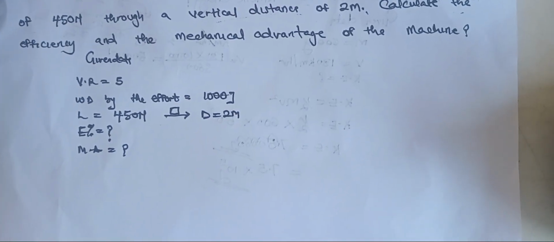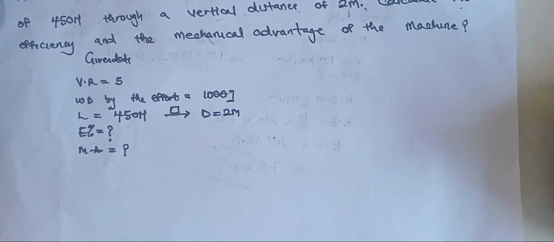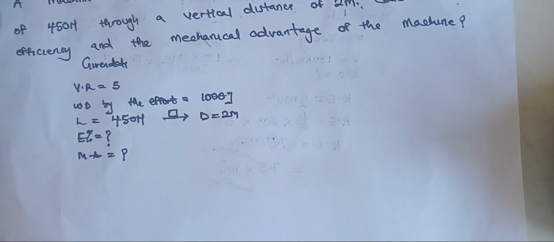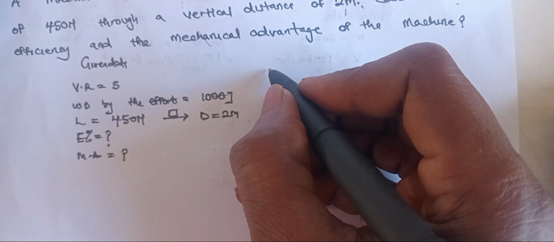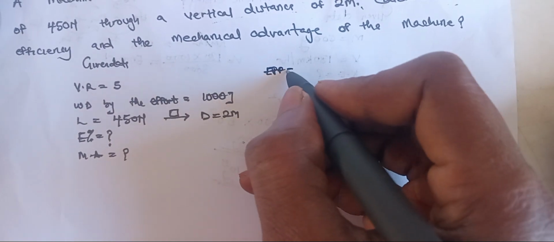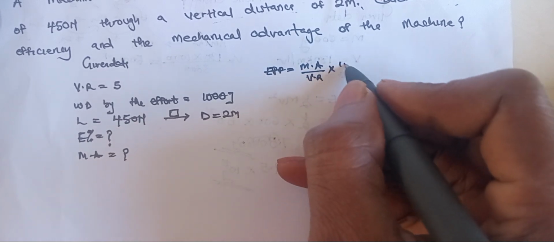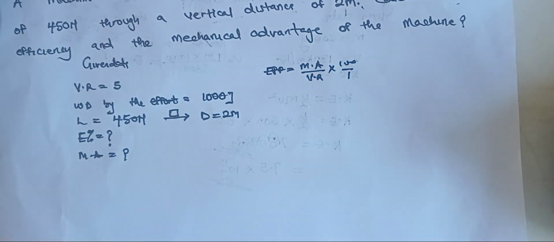For the first question, we are asked to calculate the efficiency, and we only have two formulas that we can use. We have efficiency equals mechanical advantage upon velocity ratio, multiplied by 100 upon 1. We can use this one if the parameters we are given go with this formula.